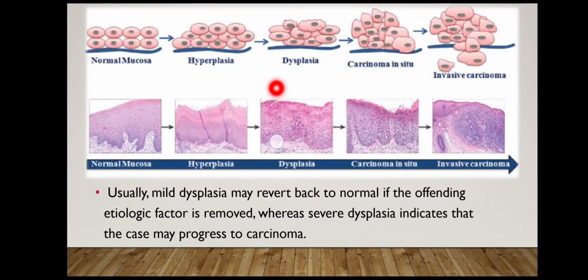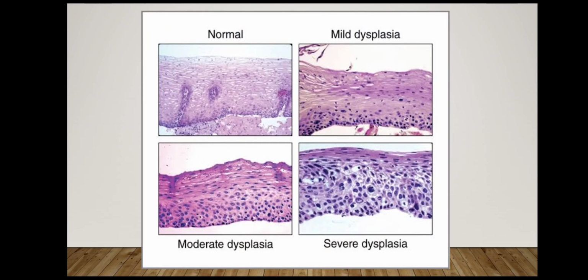Mild, moderate and severe dysplasia can occur. Severe dysplasia might convert into carcinoma in situ, which can invade the basement membrane, causing invasive carcinoma. Usually mild dysplasia may revert back to normal if the offending etiological factor is removed, whereas severe dysplasia indicates that the case may progress to carcinoma.